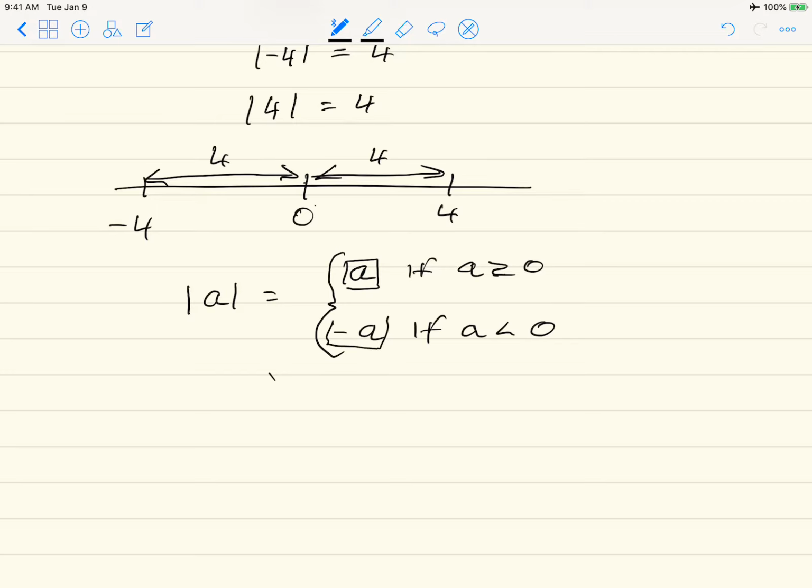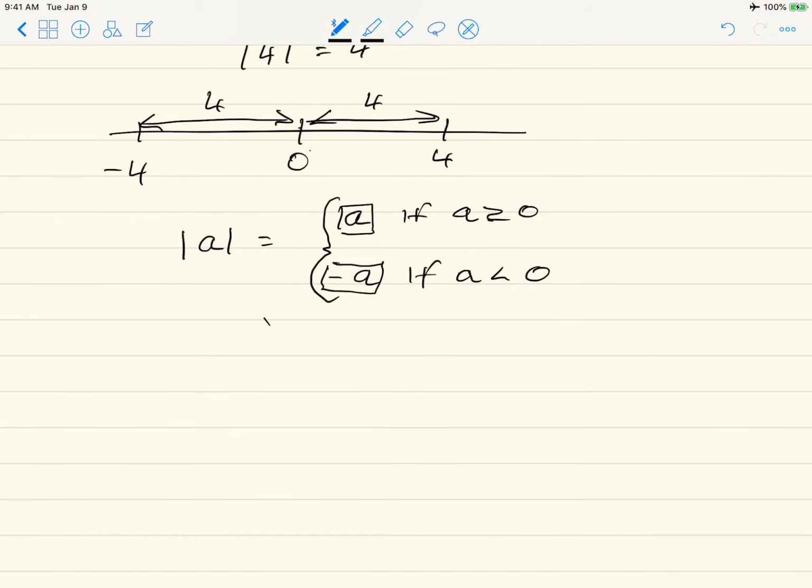Depending on whether a is greater than or equal to 0, you can use the equation a, or if a is less than 0, you can use the equation -a. So for instance, let's say your a in this case is -4. You have to pick one of these equations.